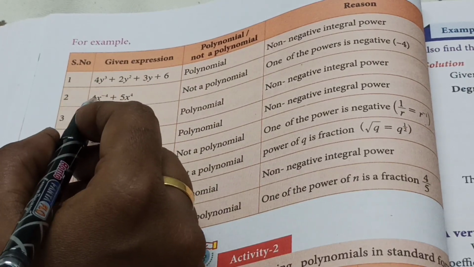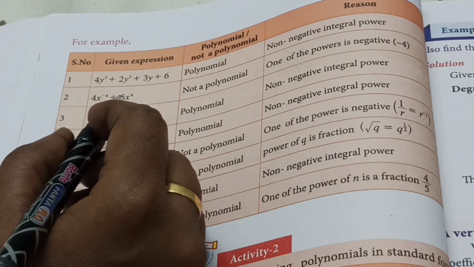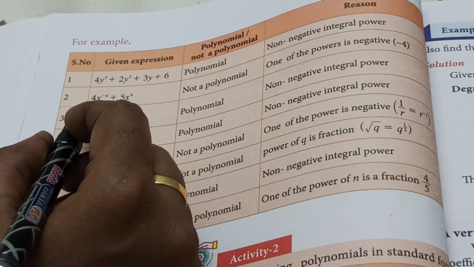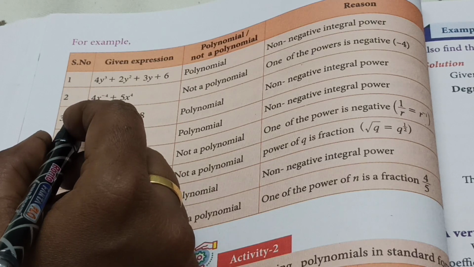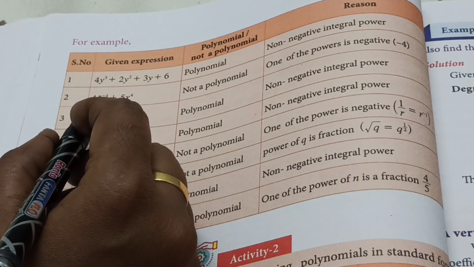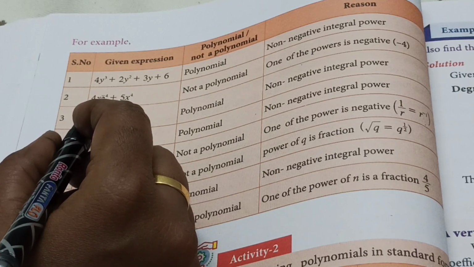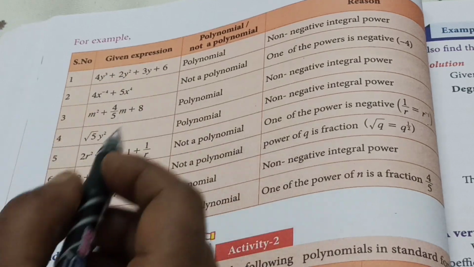Second one, 4x power minus 4 plus 5x power 4. Okay, here one of the power is what? Negative. 4x power minus 4, x power minus 4. This is what? Negative. Minus 4 is negative. So it is not a polynomial.